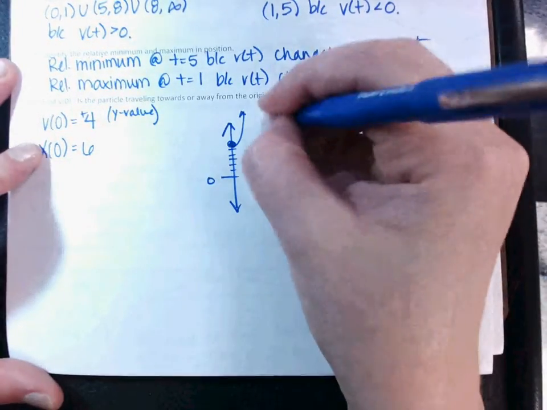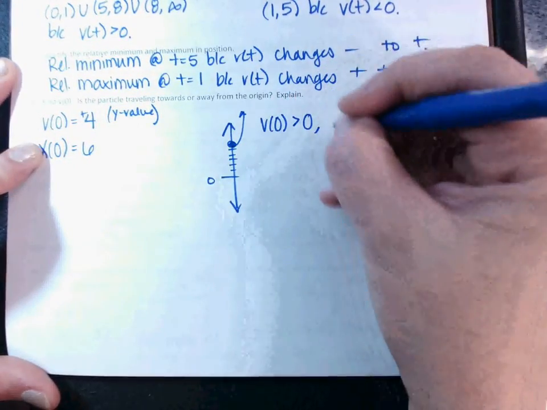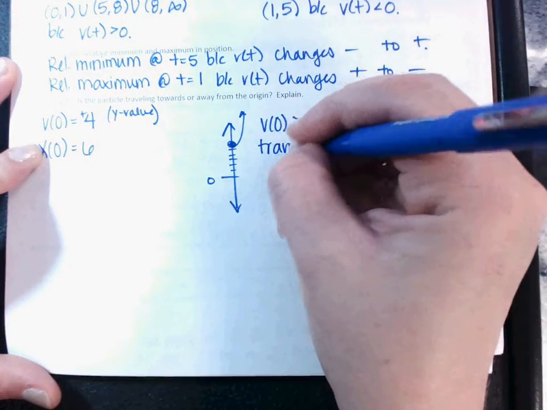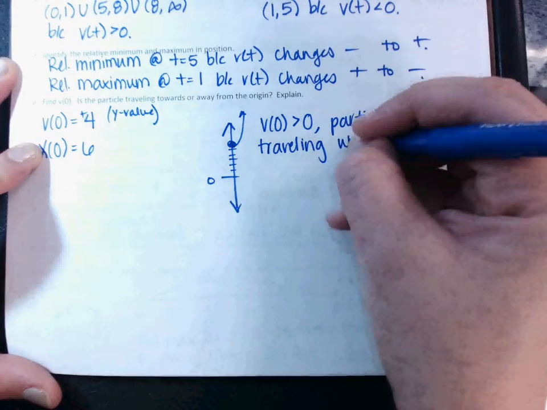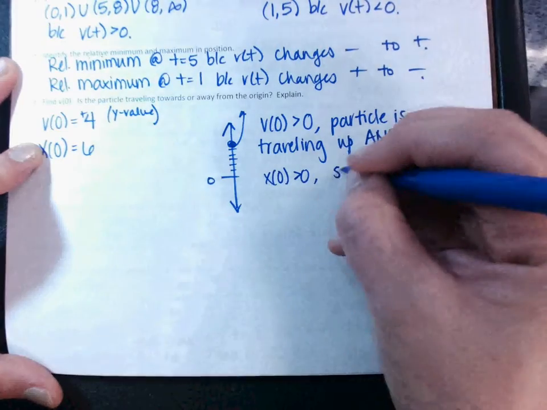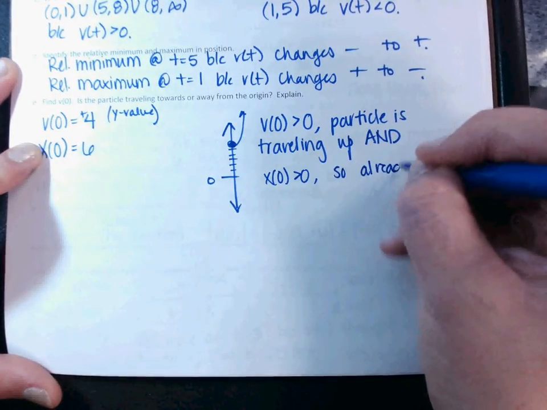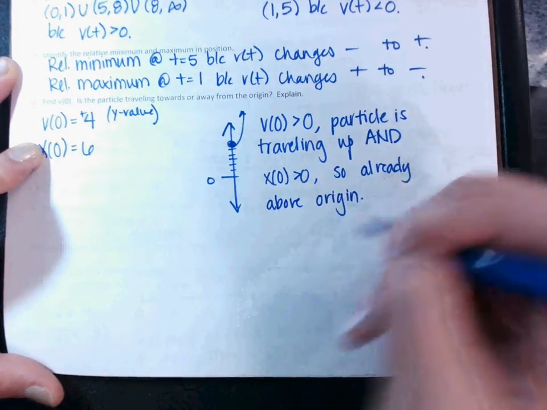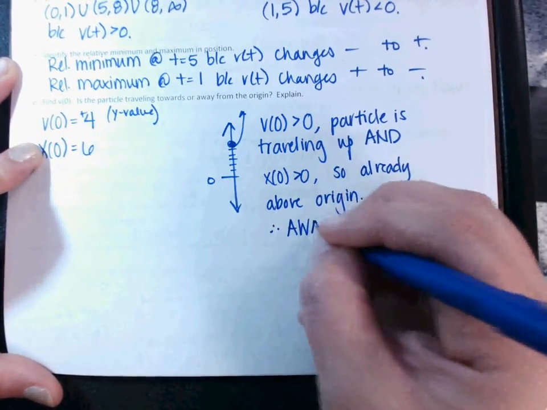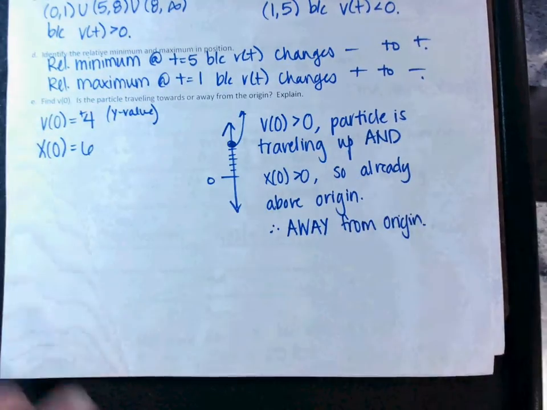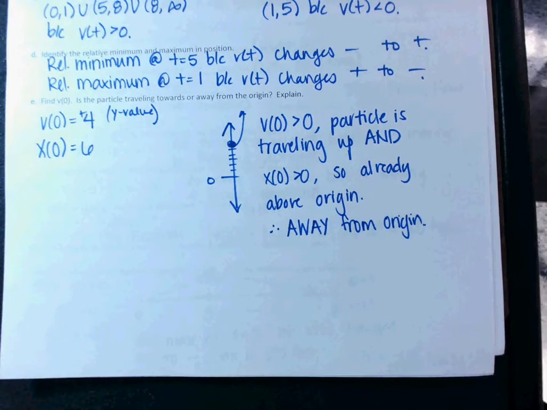So I would say v of 0 greater than 0, particle is traveling up. And x of 0 greater than 0, so already above origin, therefore away from origin. Because I'm already above, and then I'm continuing to go up past that point.